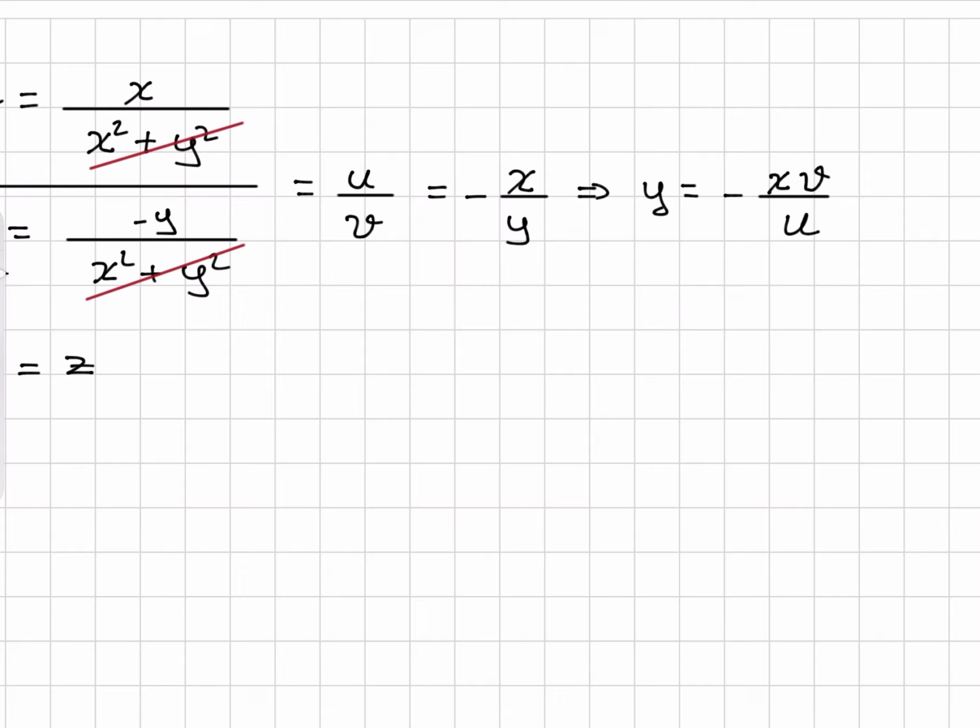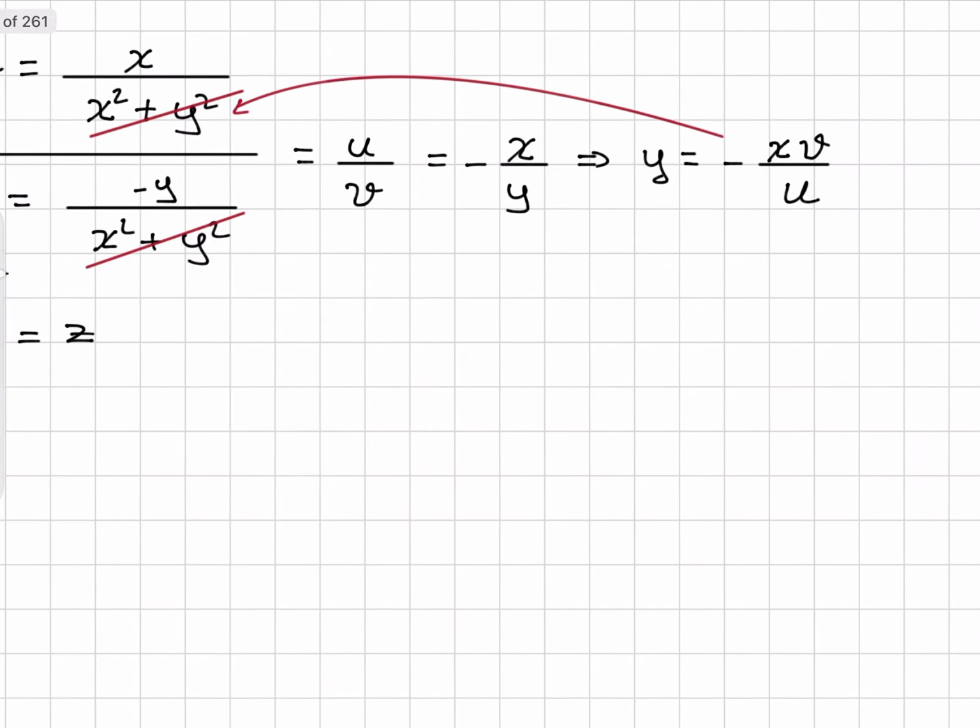Then what I'm going to do is substitute this y is equal to minus xv over u into the first equation. So this is going to be substituted here for y. The first equation was u is equal to x divided by x squared plus y squared.